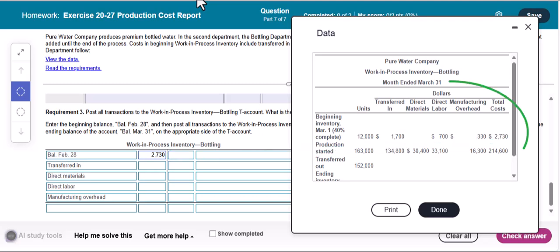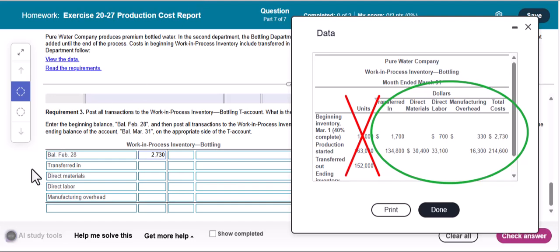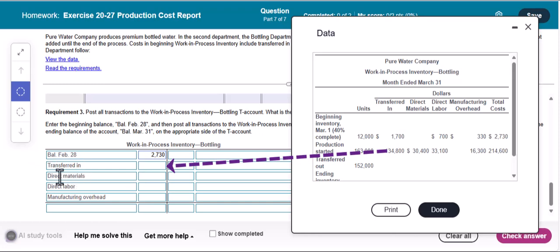And also remember, since this is a T account, we want costs, we don't want the units. So then we added some costs transferred in, and then this is that transferred in right here. That's the cost. And we'll add that in for 134,800.